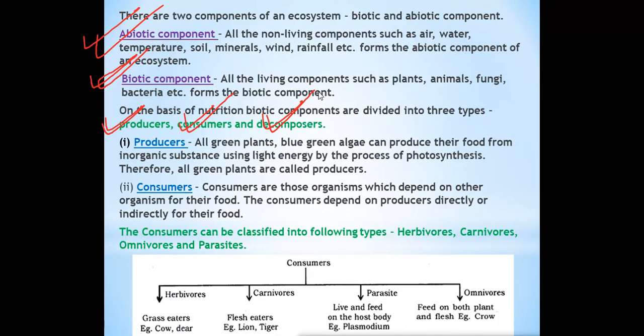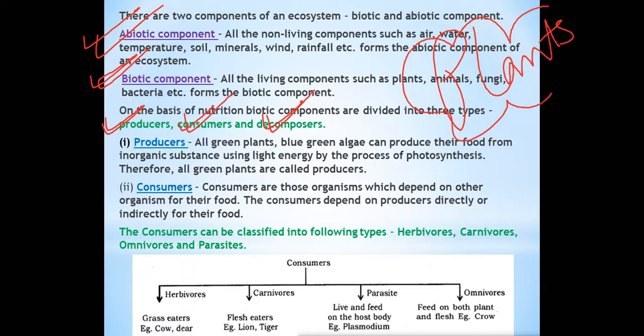So directly or indirectly, we all are dependent on plants for our food. So plants are called producers or autotrophs because they can make their own food by the process called photosynthesis. So all the green plants and blue-green algae can produce their own food from inorganic substances like sunlight, carbon dioxide, water, etc. by the process of photosynthesis, and hence they are called producers.